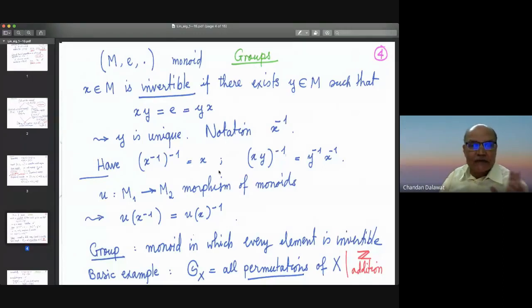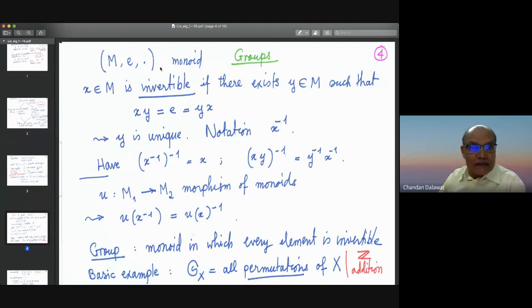And when he was some 16, 17 years old, he came up with this concept of a group, which has ever since, not immediately after his death, but after 10, 20 years, become one of the most important concepts in mathematics, and it continues to be a central concept. So what is a group?